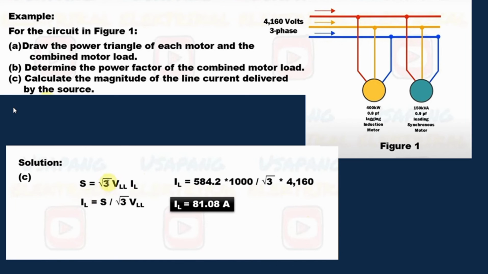Next, to calculate the magnitude of the line current delivered by the source, this will be our formula: S is equal to square root of 3 times line-to-line voltage times line current.